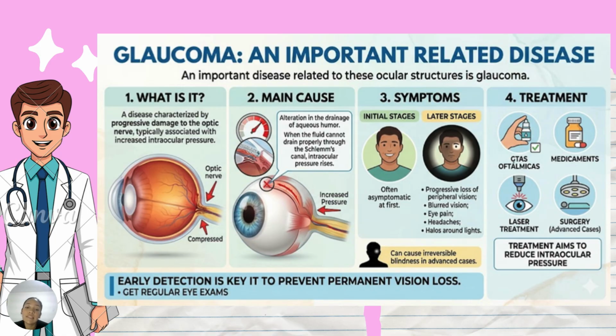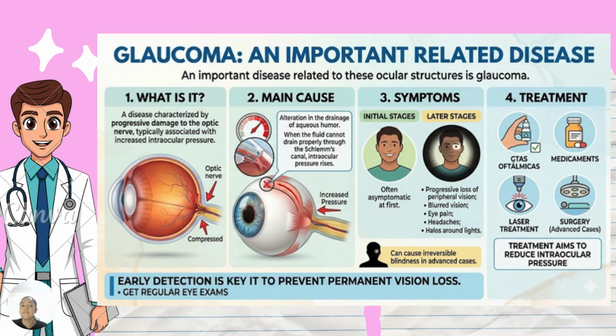But as the disease progresses, the symptoms might include progressive loss of peripheral vision, blurred vision, pain, headaches, and halos around lights. If left untreated, glaucoma can lead to irreversible blindness.